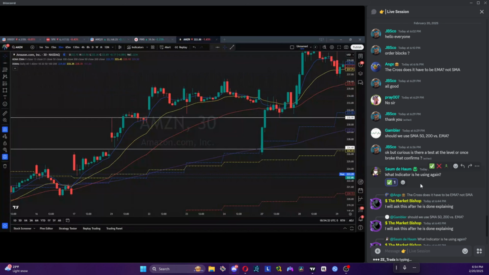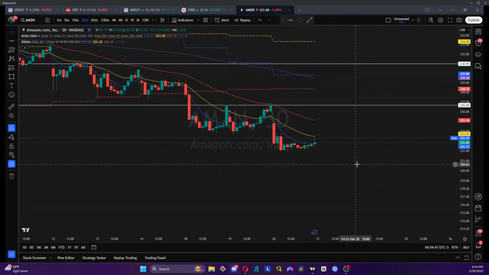I personally like to use exponential moving averages because they move faster and they take into account current price action from the current candle, as opposed to SMAs that use equal weight. It's a preference of choice. Some people like EMAs, some people like SMAs. It's whatever you feel more comfortable using. I have found that EMAs work better for me as a day trader.